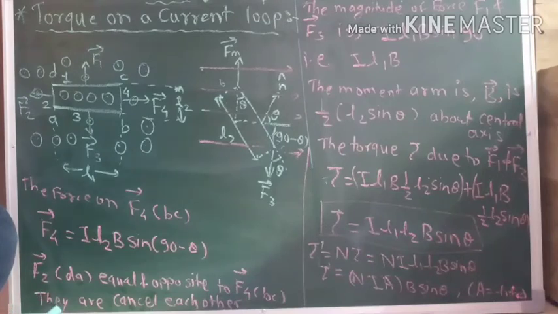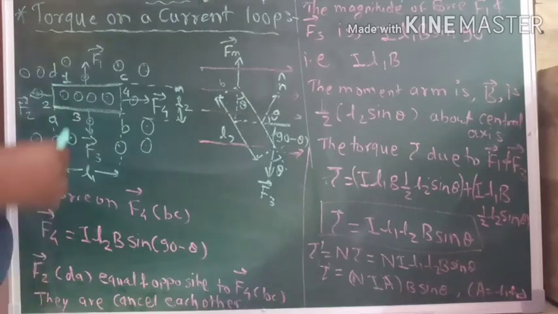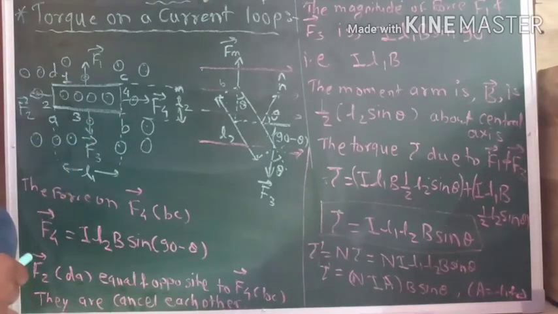these two forces F1 vector and F3 vector do not act along the same line, and hence they produce a net torque. These two forces are equal but do not act along the same line.